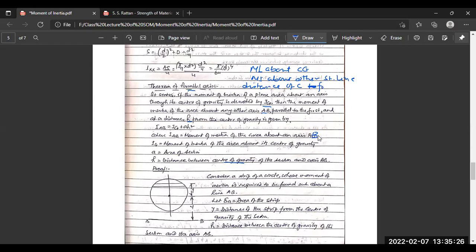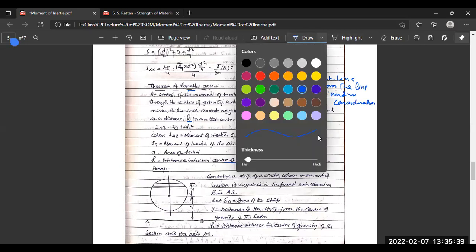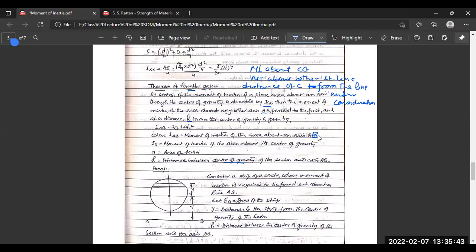Not to, but from the line under consideration. So the moment of inertia about our line AB will be equal to IG plus A into h square. Next, how will you prove it?